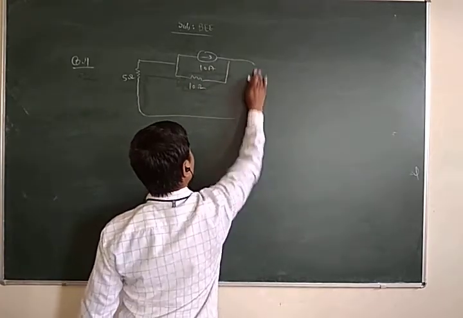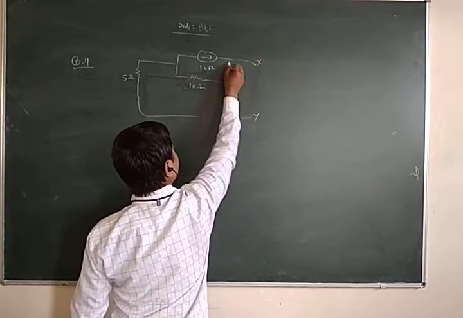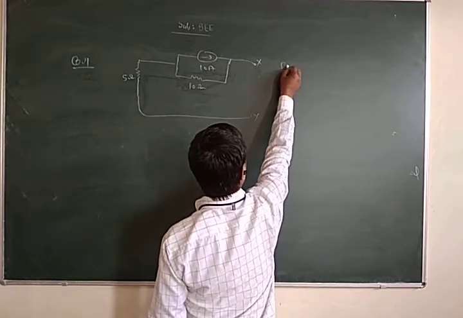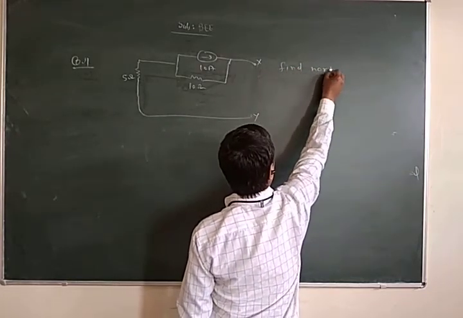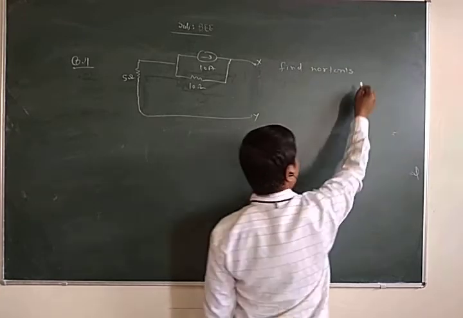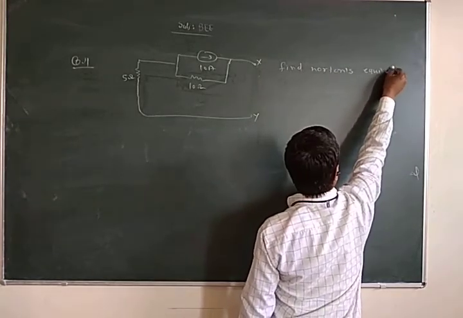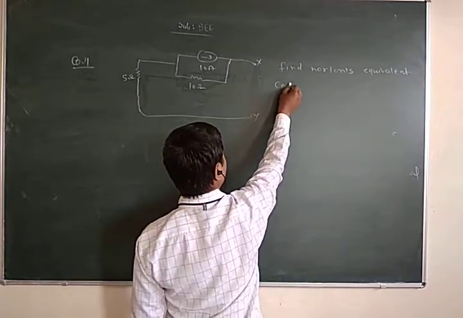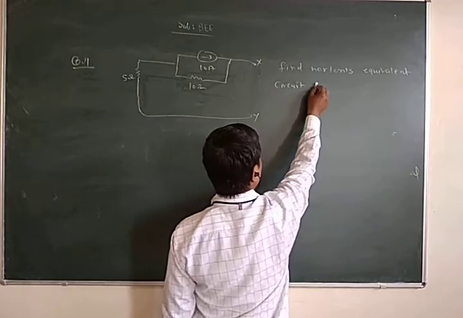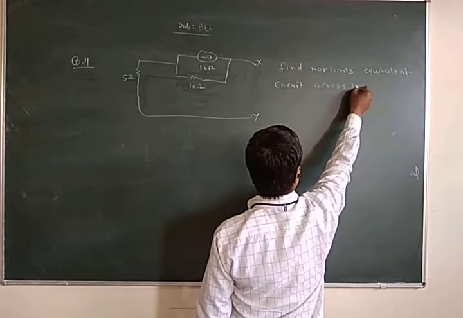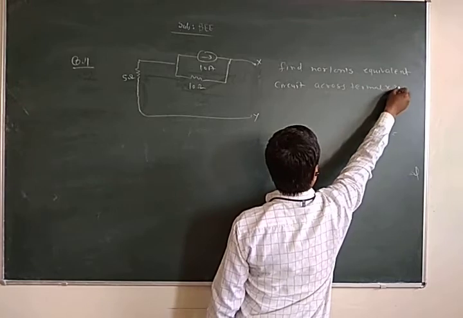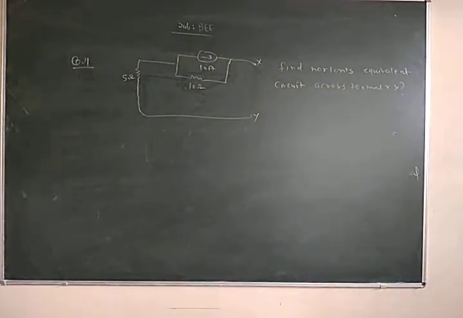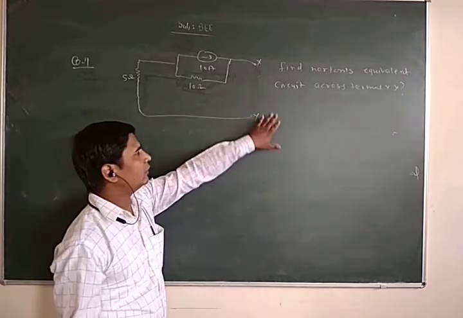These are the XY terminals. In this question, find Norton's equivalent circuit across terminals X and Y.